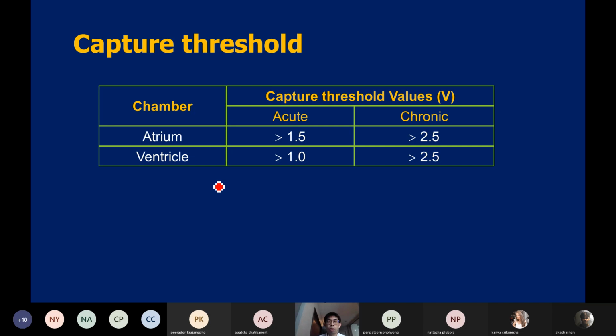The capture threshold of the ventricle and atrium that should be programmed: in the atrium, in the acute phase, it should be more than 1.5, and the ventricle in the acute phase should be more than 1. And in the chronic phase, both should be more than 2.5 volt.